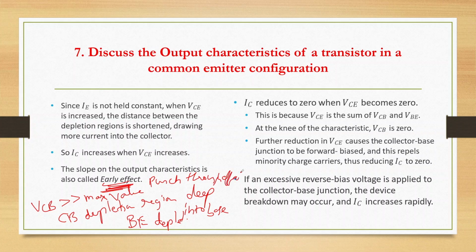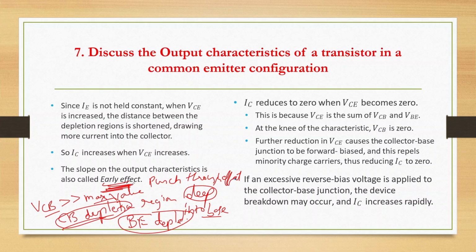Remember, this VCB exceeds the maximum value specified by the manufacturer. The CB depletion region penetrates deep into the base such that the BE depletion region comes in contact with the CB depletion region. This will be given as punch through. This leads to breakdown of the device and very large current in the device.